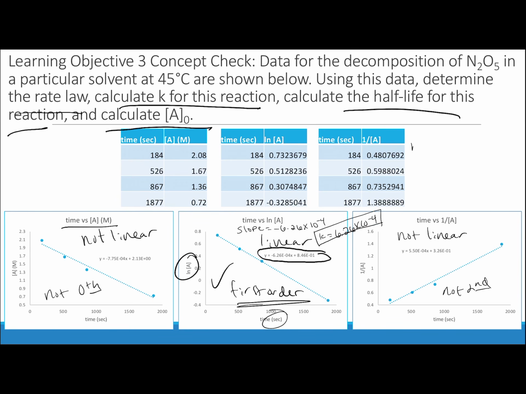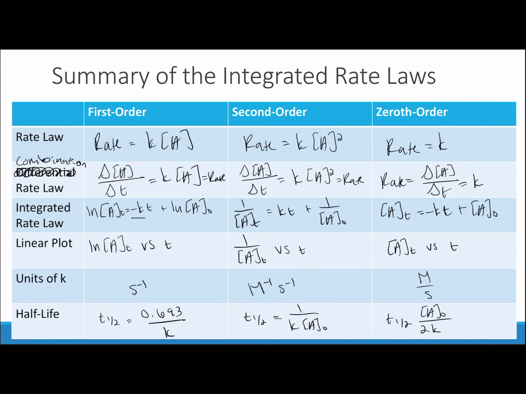So our rate is equal to k[N2O5]. Our [A]0 is going to be our y-intercept, which will be equal to ln[A]0.